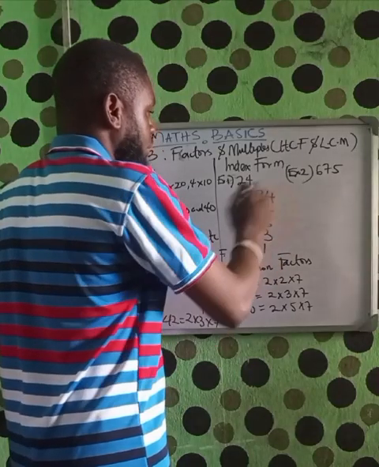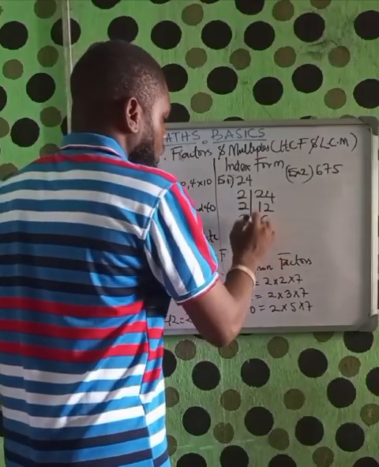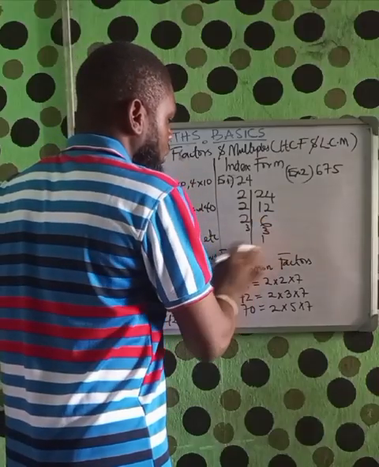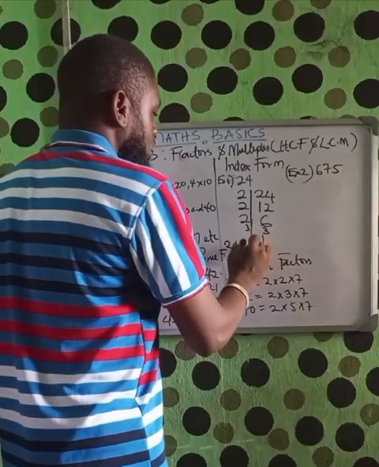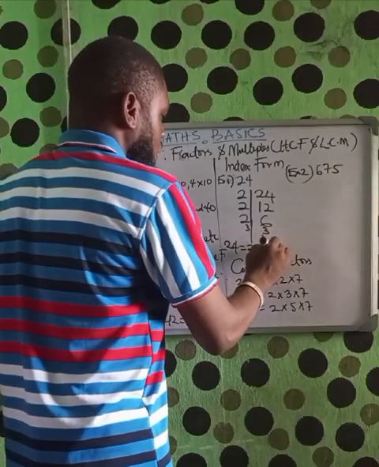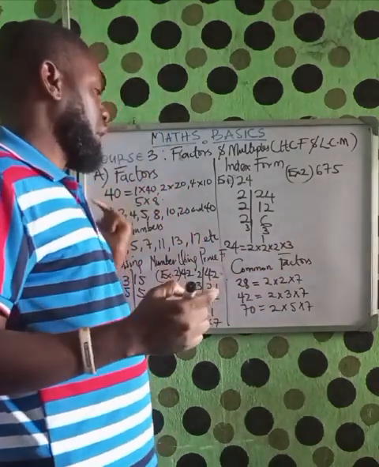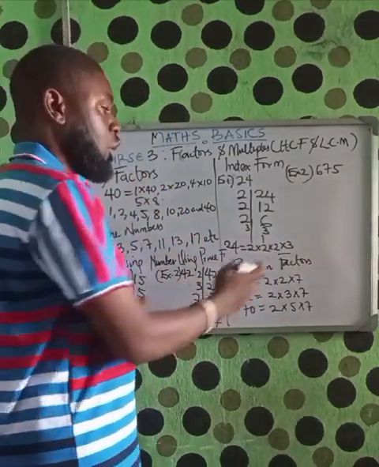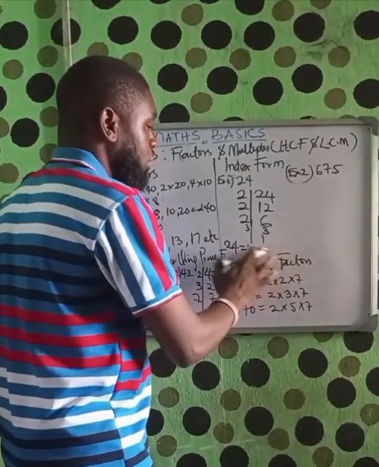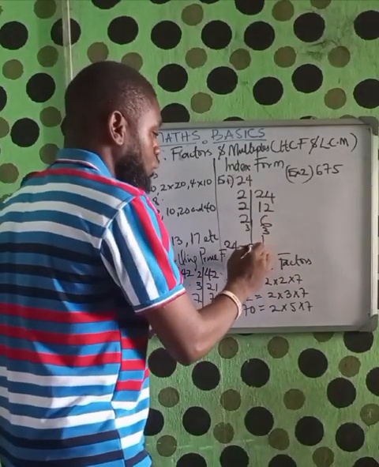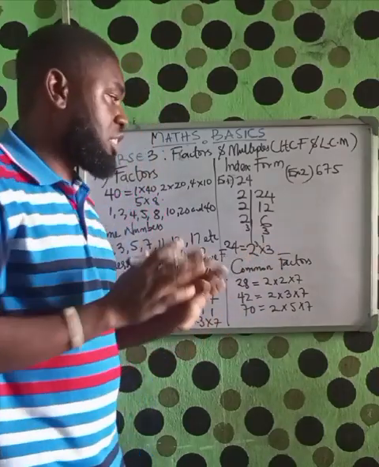So if I want to express 24 now, it is 2 times 2 times 2 times 3. This is how I have expressed this using prime factors, but because we are using index form and we have three 2s, we will put 2 raised to the power 3 times 3. See how simplified it is.